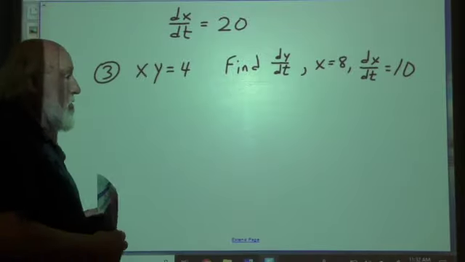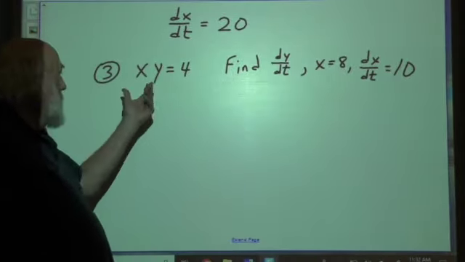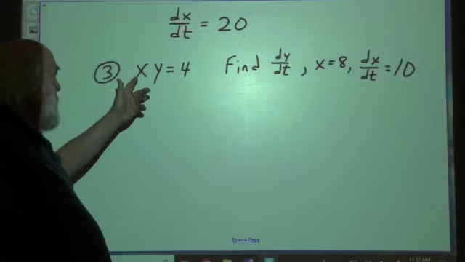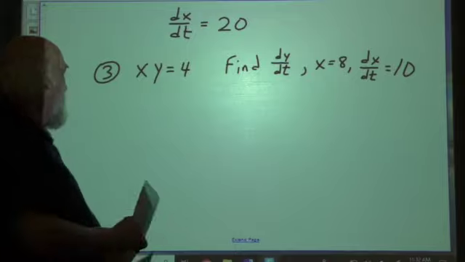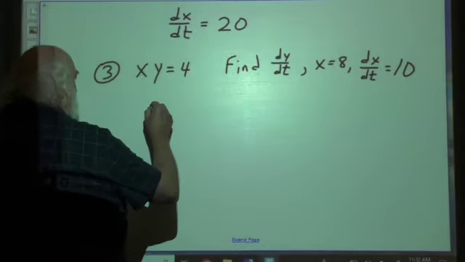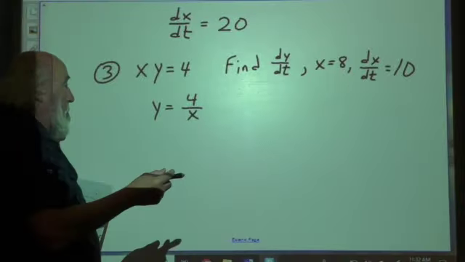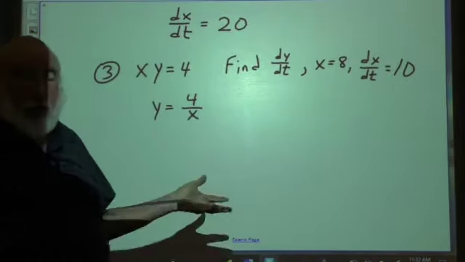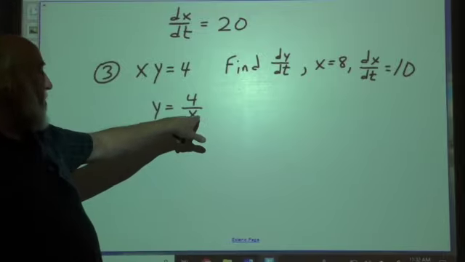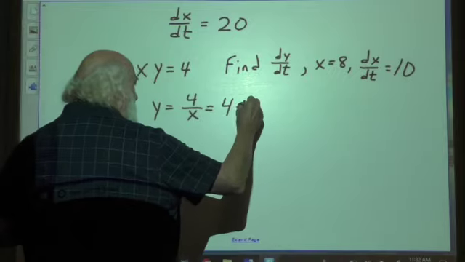Since they're asking specifically for dy/dt, I'm going to rewrite this so that y is by itself. So this becomes y equals 4 over x. I'm doing that because then dy/dt is by itself automatically. I am going to rewrite this as 4x to the -1.